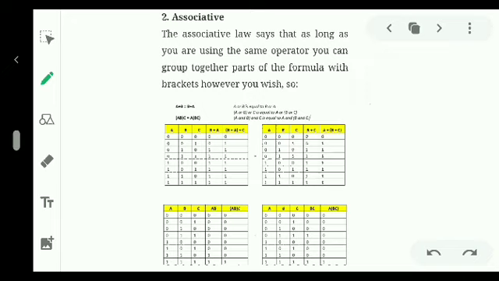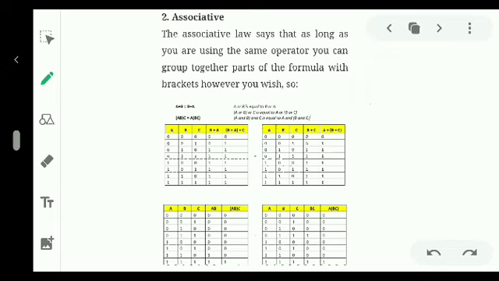The associative law of multiplication is given by A dot (B dot C) is equal to (A dot B) dot C. According to this law, it makes no difference in what order the variables are grouped during the AND operation of several variables.